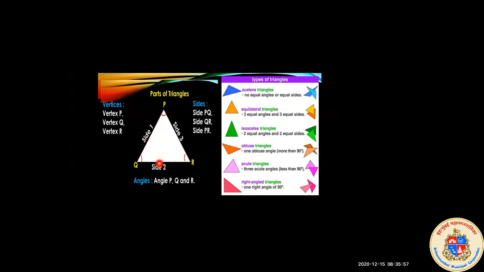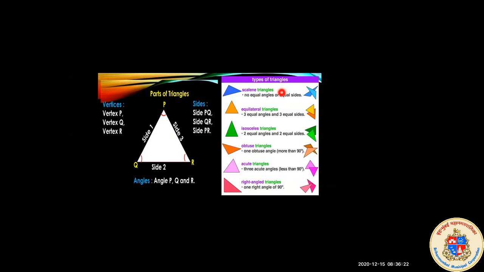If you have to answer sides, you have to say side PQ, side QR and side PR. And for angles, angle P, angle Q and angle R. So vertices, sides and angles were the parts of a triangle.